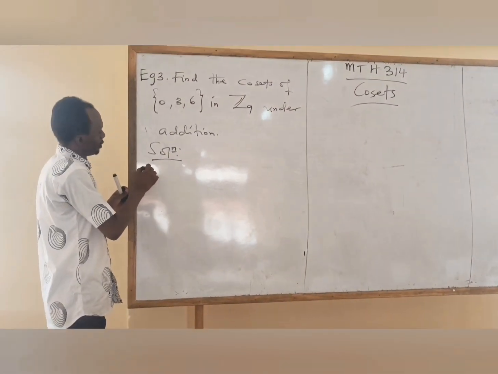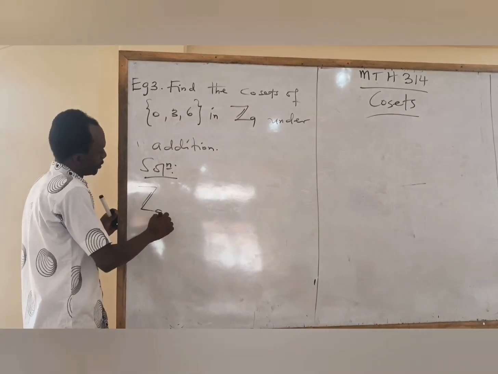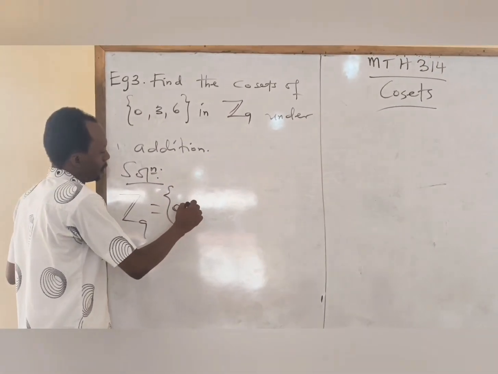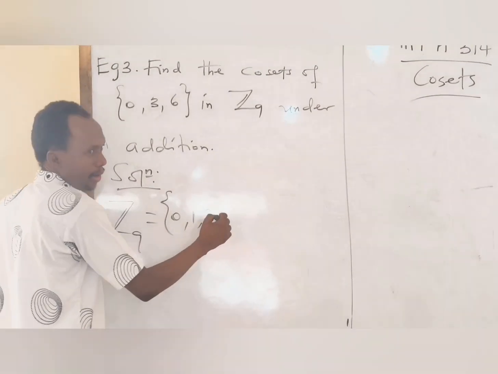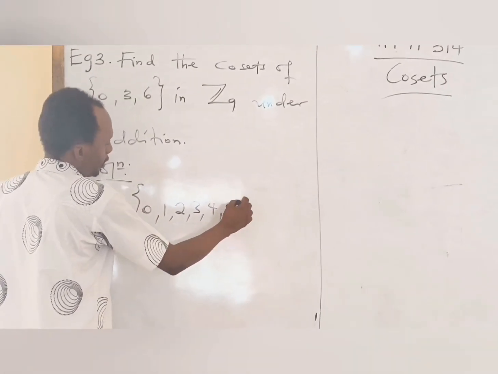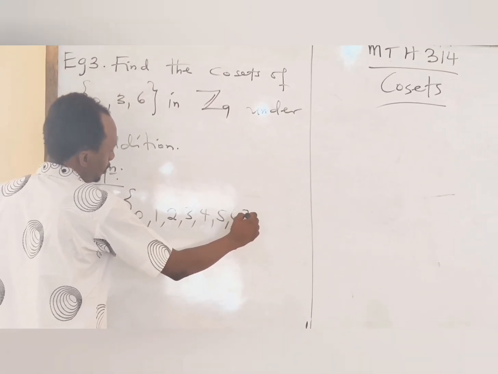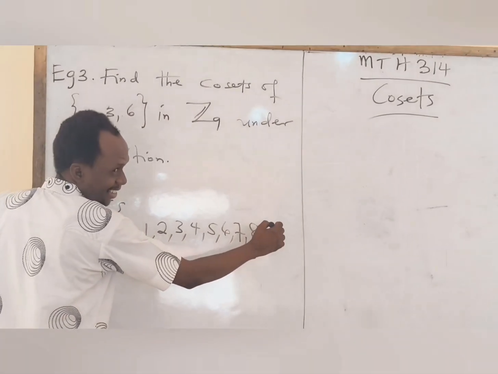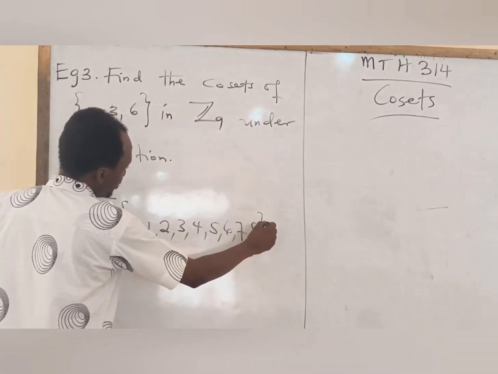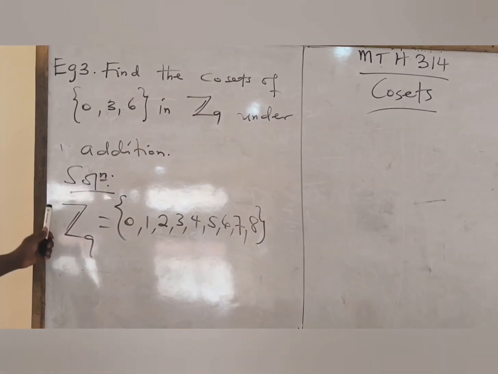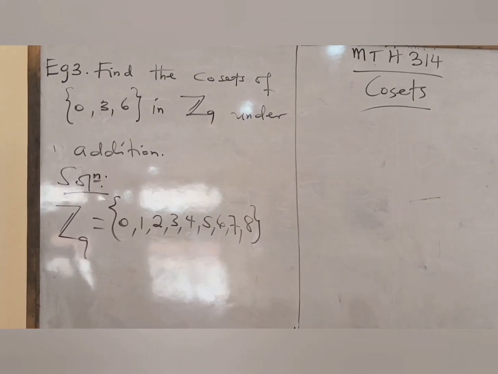What is the set Z9? 0, 1, 2, 3, 4, 5, 6, 7, 8. That's right. That's all the elements of this set.